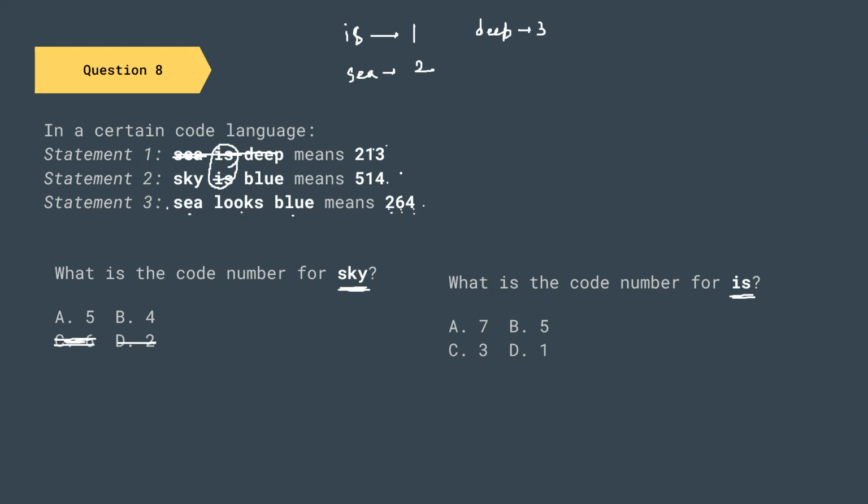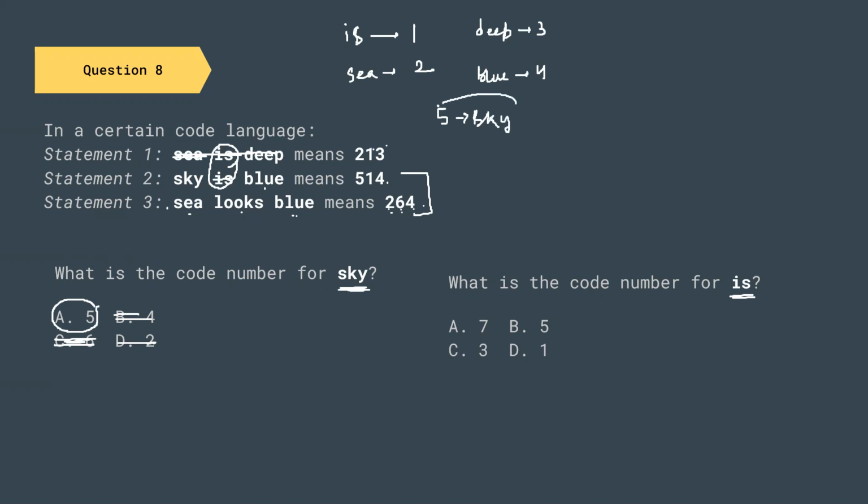Now in these two statements, 4 is common and "blue" is common. So we can say that blue is encoded to 4. So by that logic, option number 4 will be eliminated. If that option is eliminated, whatever we are left with, that is option number 5, and option number 5 is going to be our sky.